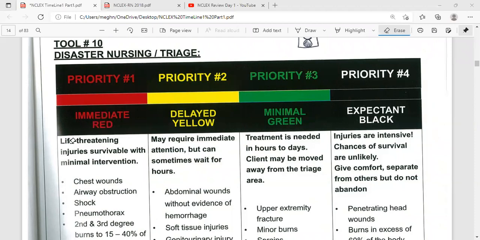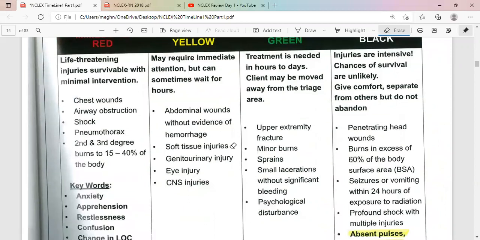So red is life-threatening injuries or survival with minimal intervention. If you help a little bit, your patient can survive. And if you do not, your patient will die. Like chest wound, ribs broken. If you do not fix it, the patient can die. Airway obstruction means if you remove the obstacle, the patient will be okay.